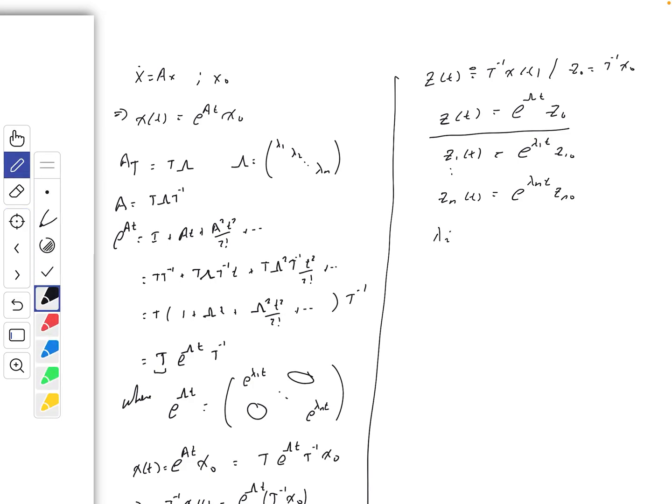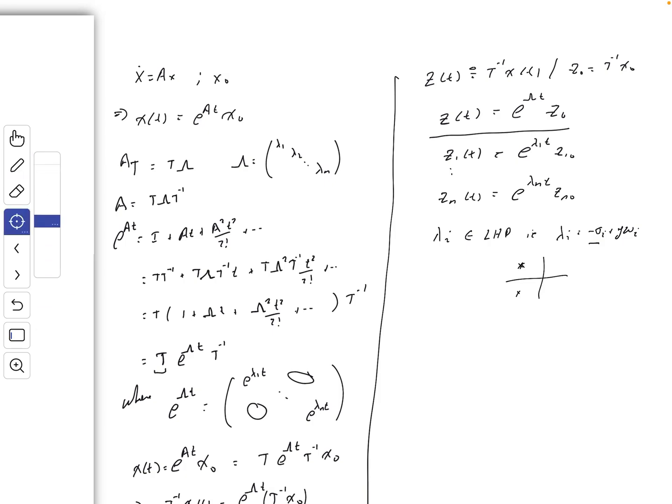If lambda i is in the left half plane, in other words, lambda i is some minus sigma i plus j omega i, it's going to be in the left half plane. These will appear in complex conjugate pairs, by the way. Then those would be what we call stable modes, because this part of the mode will decay, and if it's in the right half plane, then it's going to be growing. We'll have an unstable mode.